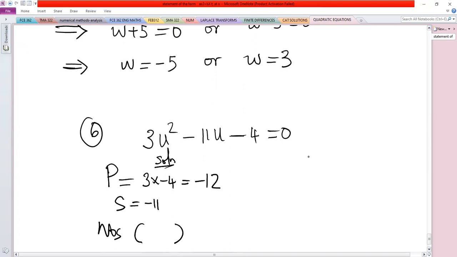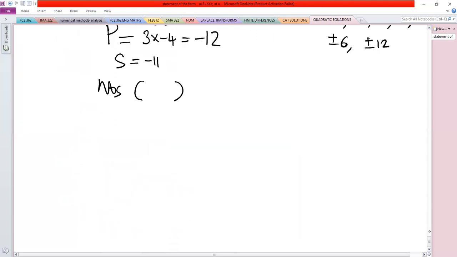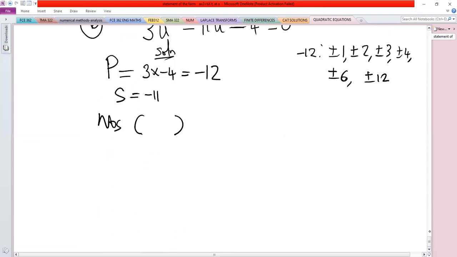So let's write our product, which is minus 12, and the factors of minus 12: plus or minus 1, plus or minus 2, plus or minus 3, plus or minus 4, plus or minus 6, and lastly plus or minus 12 itself. And then out of this, let's get the pairs that will give us a product of minus 12.